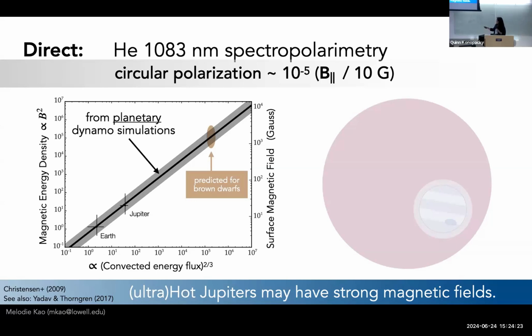The gray region is 3 sigma uncertainties on that. Basically they're taking this from a suite of thousands of numerical planetary simulations that they've scaled up to these stellar parameters.